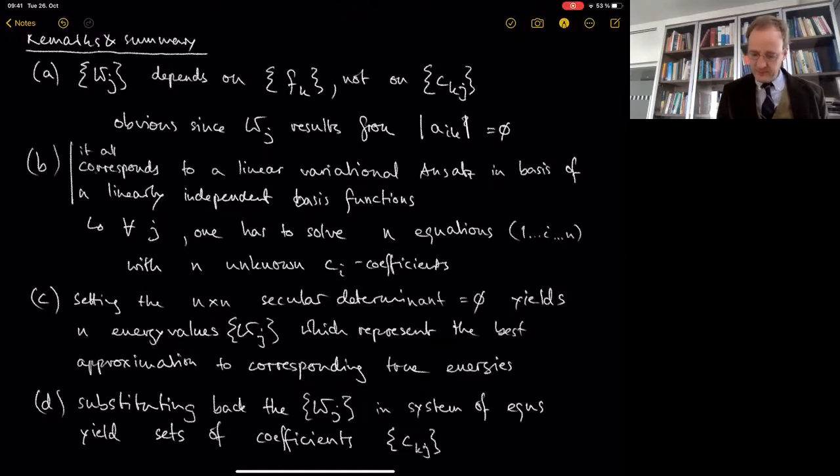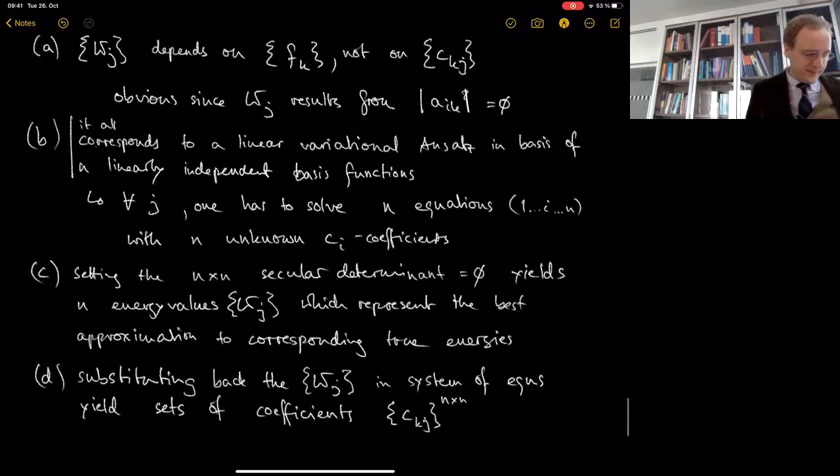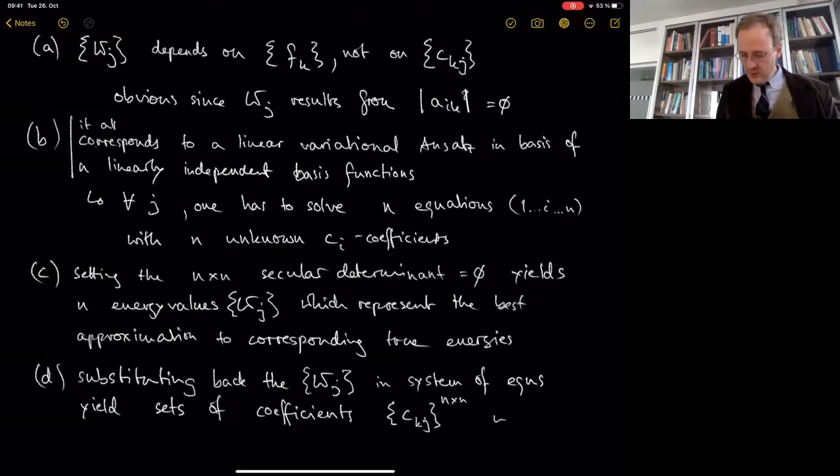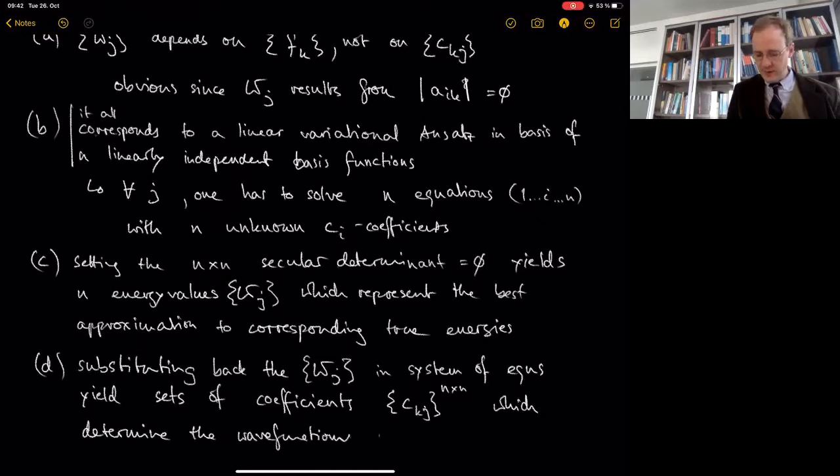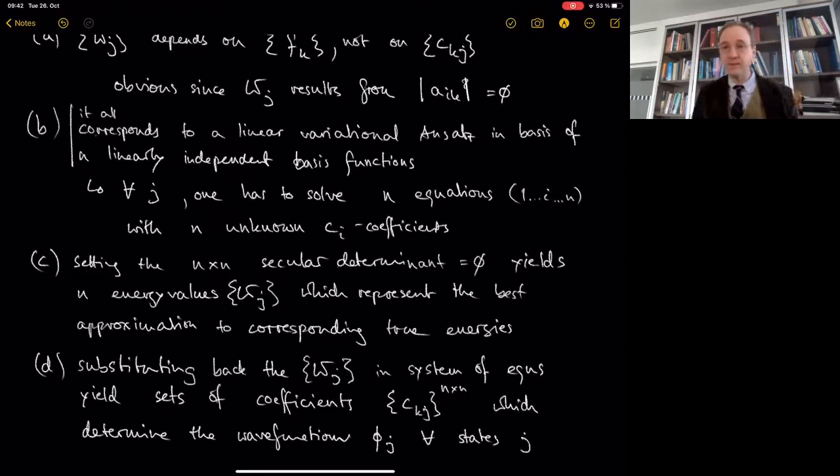Kj, right? And so you have this for every level. So it's going to be n times n, those guys, which determine the wave functions for all states j.